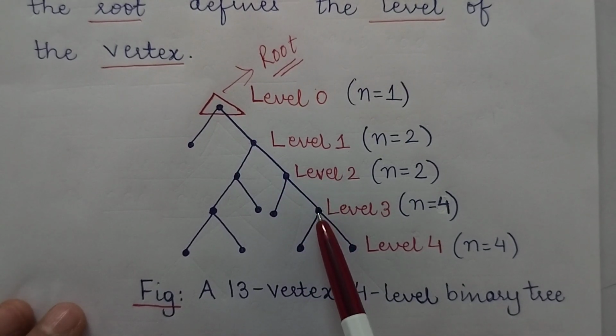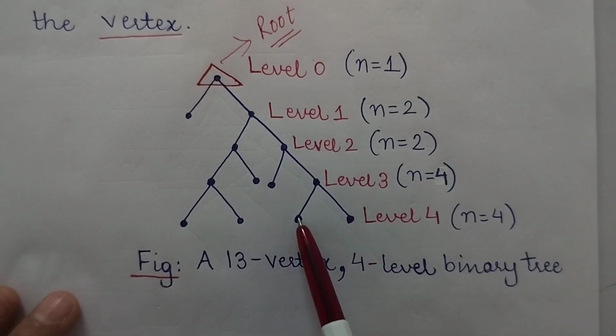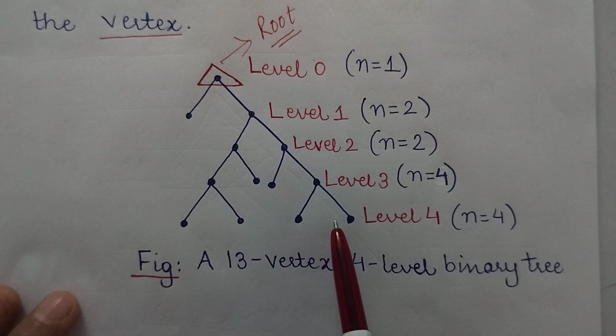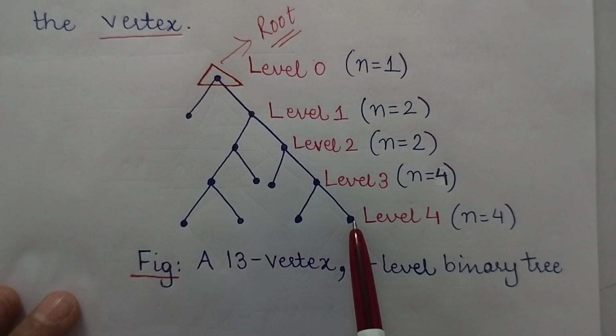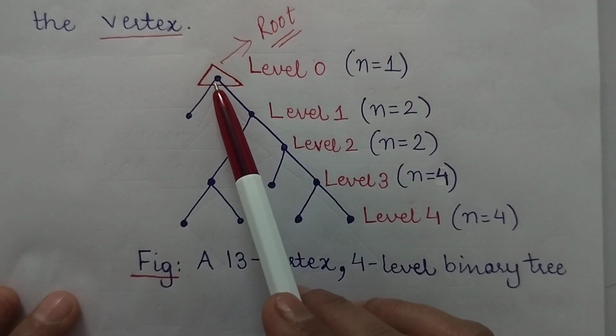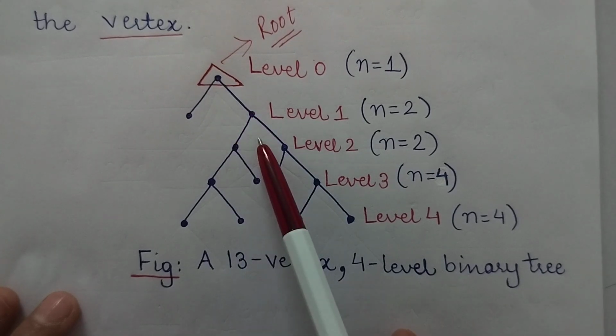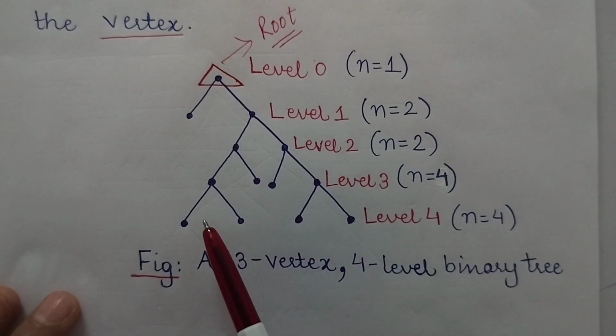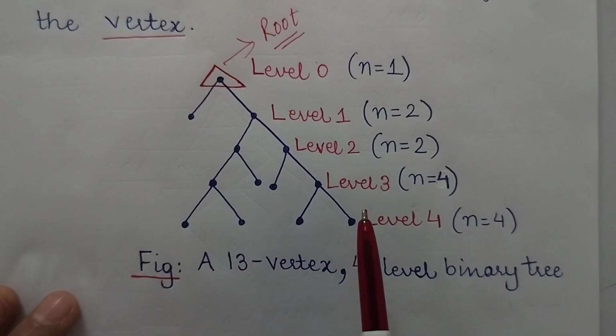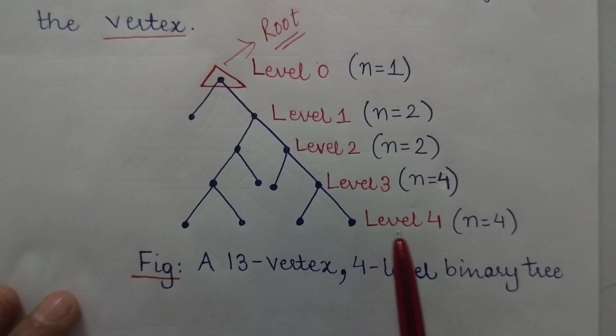So the level of these vertices is level 3. Then if I look at these 4 vertices, how many edges apart from the root are they? 1, 2, 3, 4. So I can say that the level of these vertices is 4. They are at level 4.